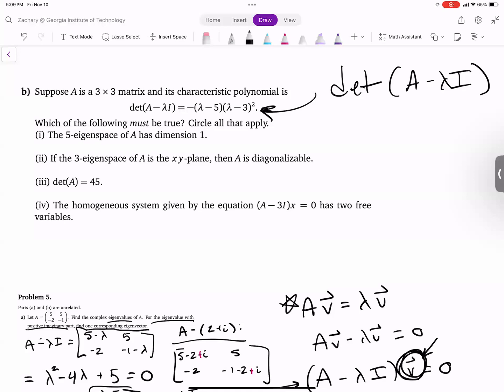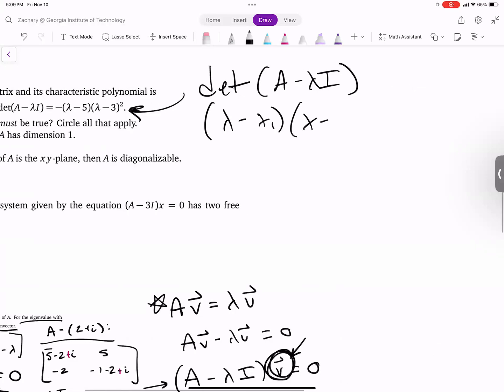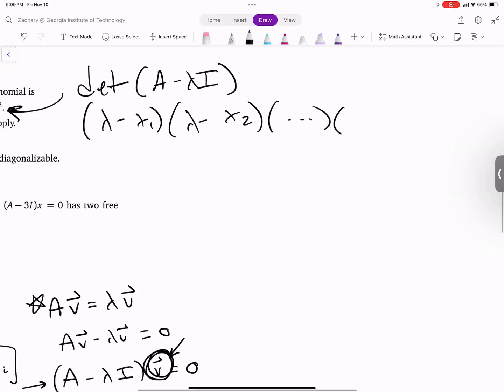What that tells us is that any polynomial expanded out can always be written as lambda minus x1, times lambda minus x2, times dot dot dot, times lambda minus xn. We can always factor it out like this. But there can be repeats. Maybe x1 and x17 are the same.